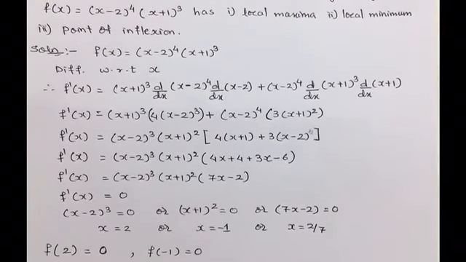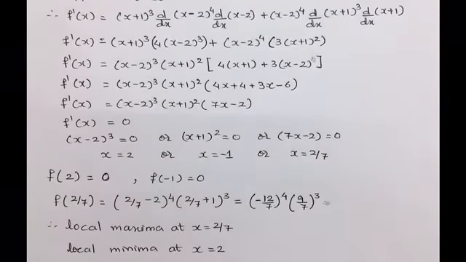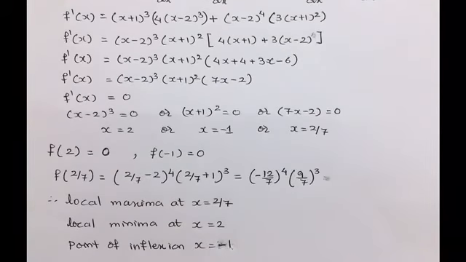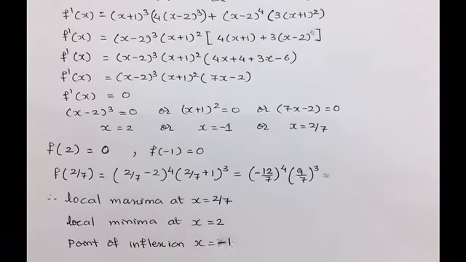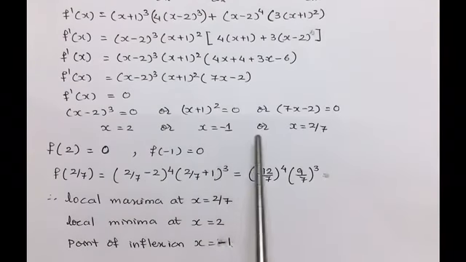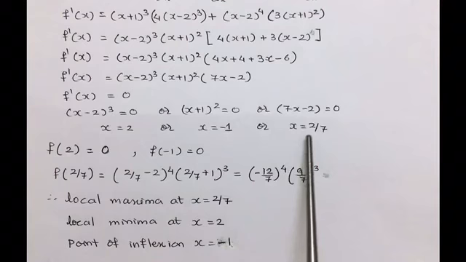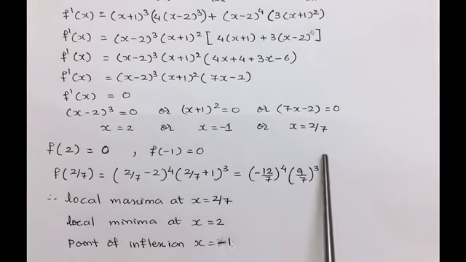Now to calculate the value of x, we will be equating it to 0. Total 3 values of x we will get. That is, one of them is x equal to 2, one is x equal to minus 1, another one will be x equal to 2 by 7.